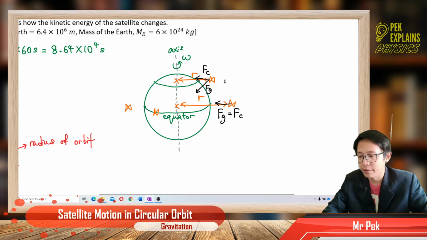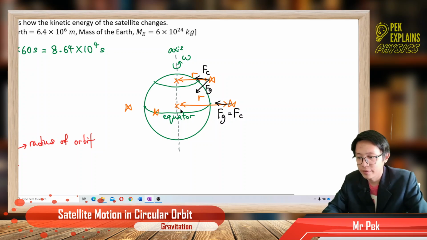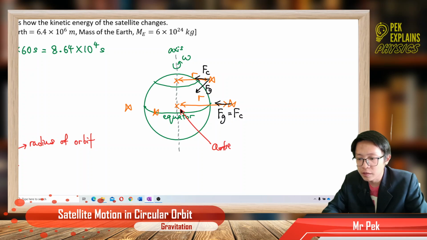The reason why is because if the orbit is on the equator, the center of the orbit is the same as the center of Earth. Do you see that? The center of the Earth becomes the center of orbit.